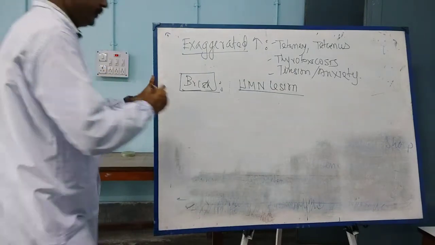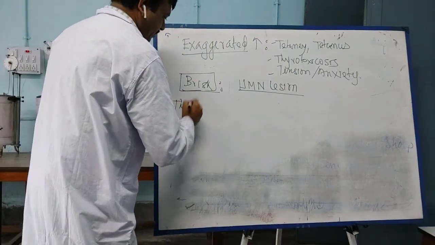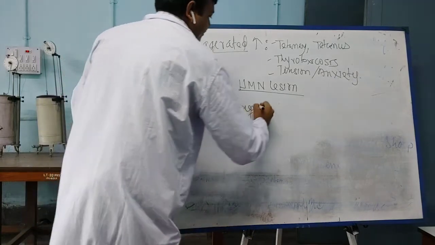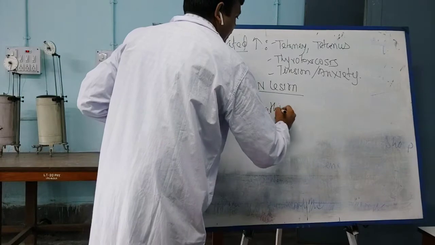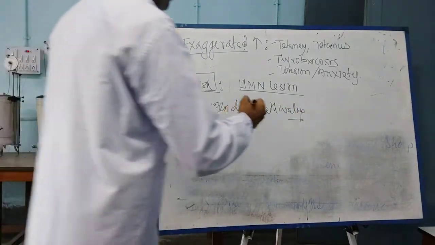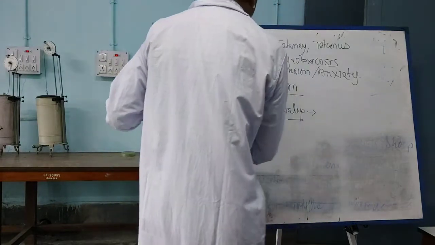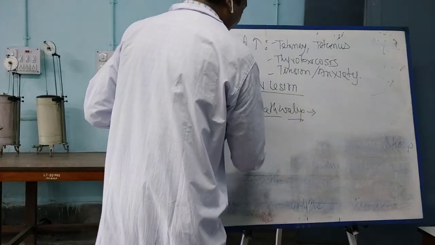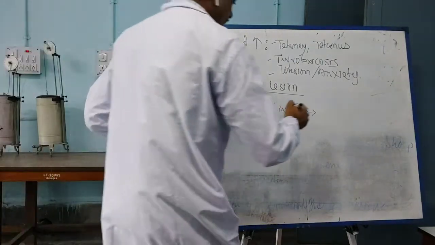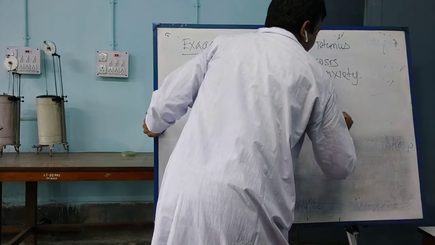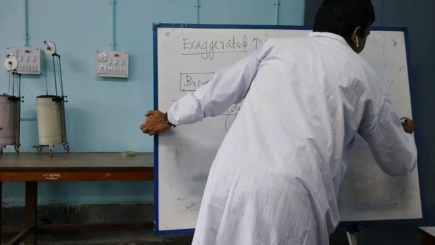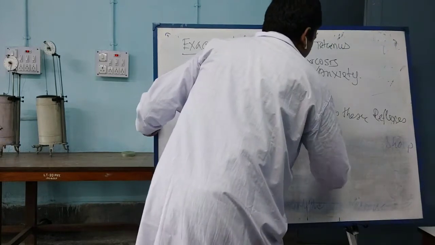Normally the descending pathway, or the upper motor neuron, keeps these reflexes under check.